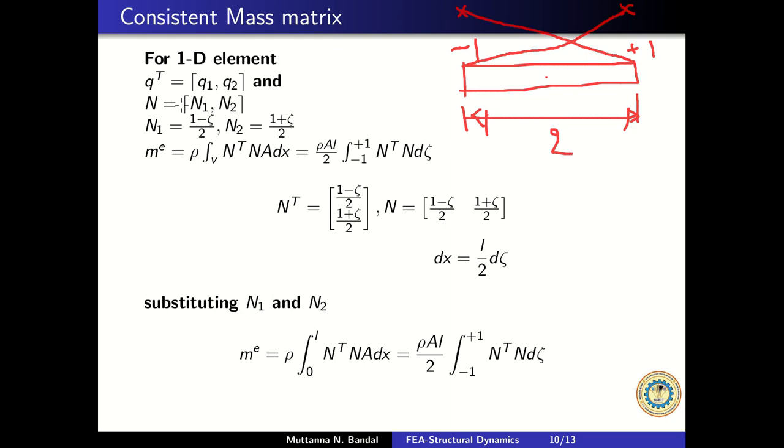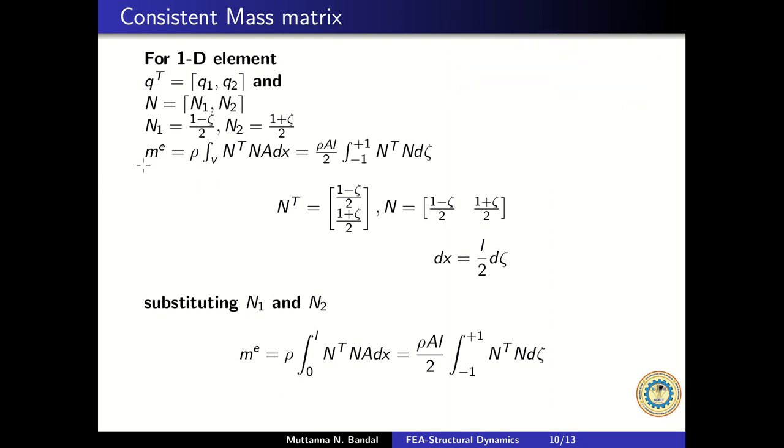Now if I take q transpose as q1 and q2, that is the displacement at node 1 and displacement at node 2, then N, the shape function, can be written as N1 and N2, which are given by N1 is equal to 1 minus zeta by 2, N2 is equal to 1 plus zeta by 2.